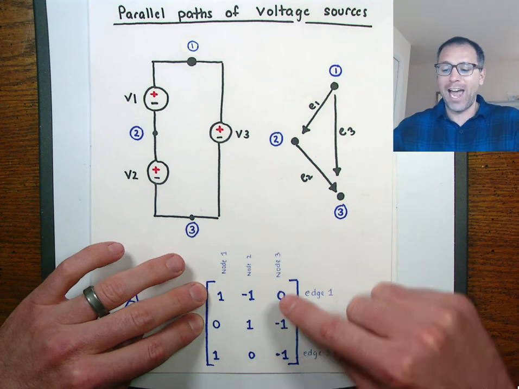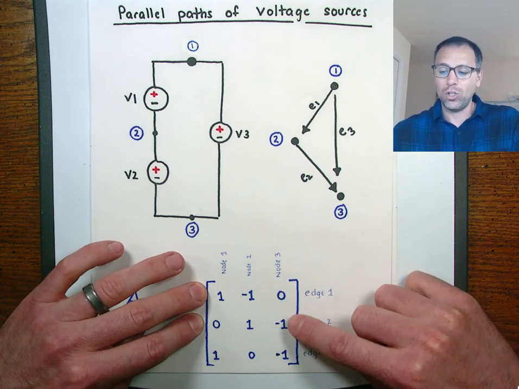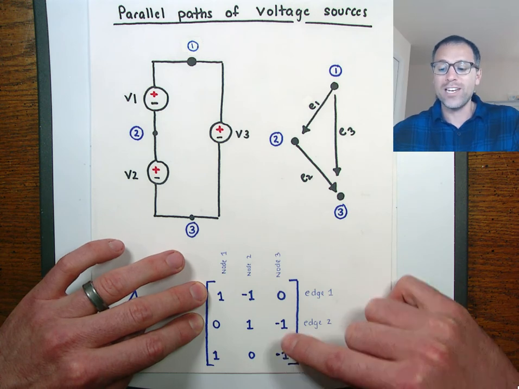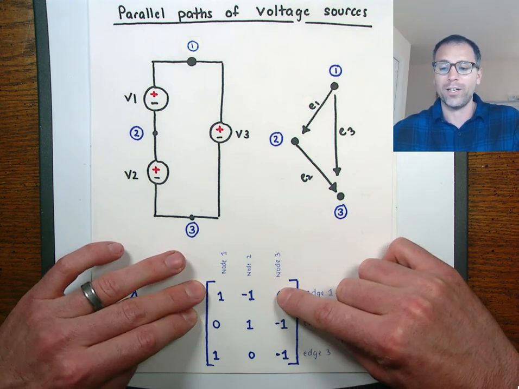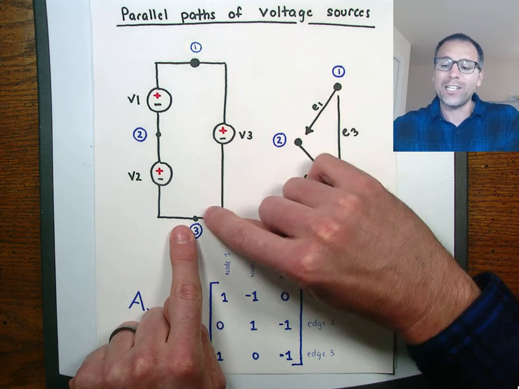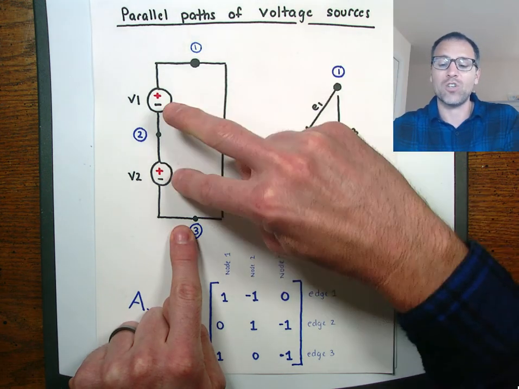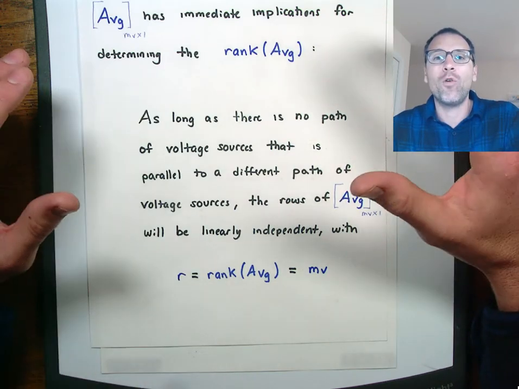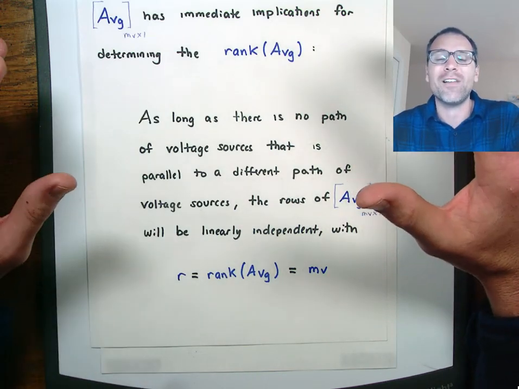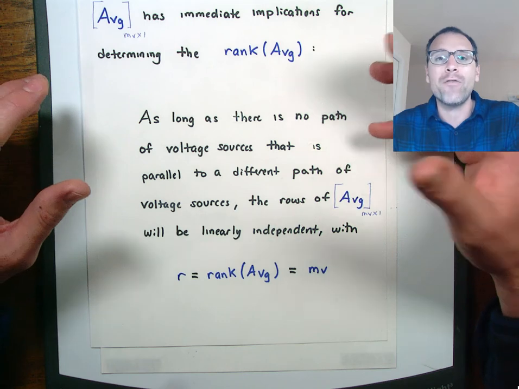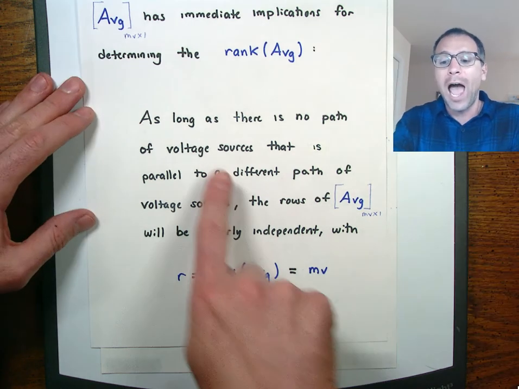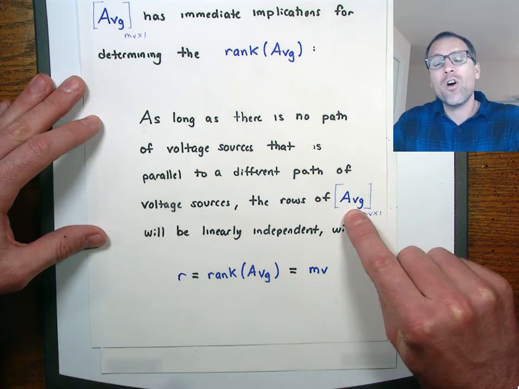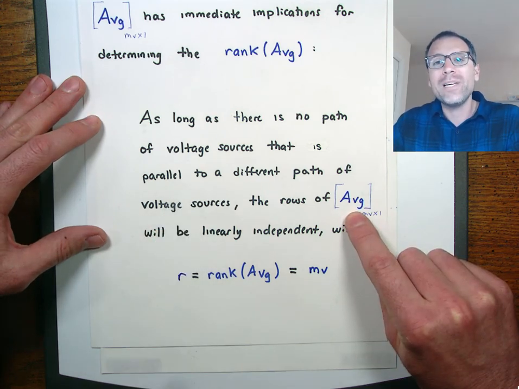In fact, if I add rows 1 and 2, I get to row 3. In other words, row 3 is redundant information with respect to rows 1 and 2. That's because what's happening in this voltage source is actually replicated by what's happening with this path of voltage sources. But paths of parallel voltage sources are actually not realistic in electrical engineering design based on the functionality of voltage sources themselves. And what that means is, in any functional circuit that is actually useful, the rows of that subblock will always be linearly independent.